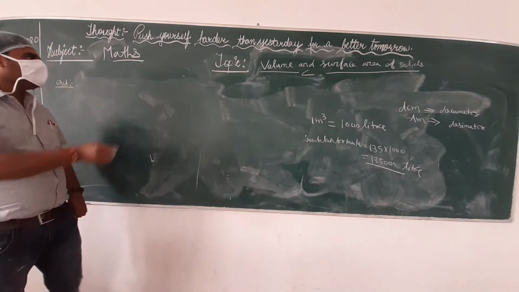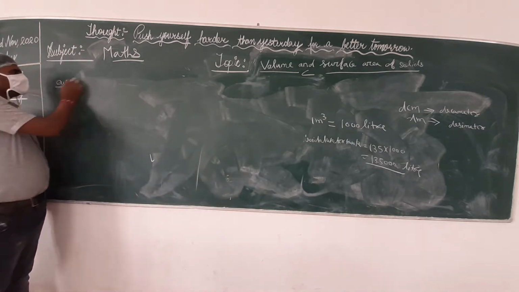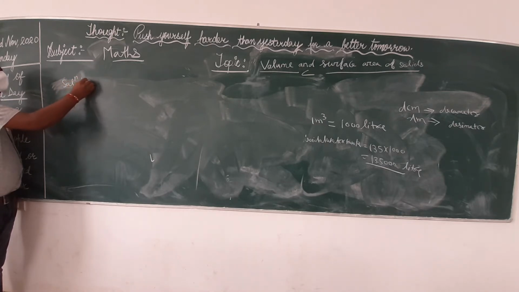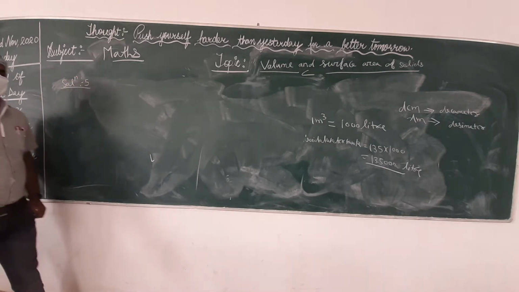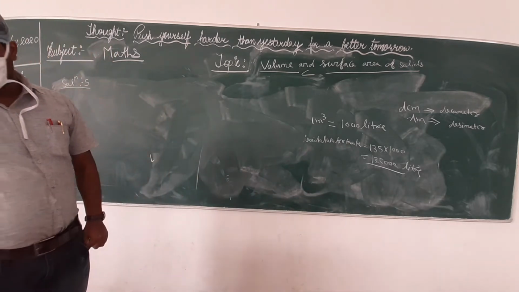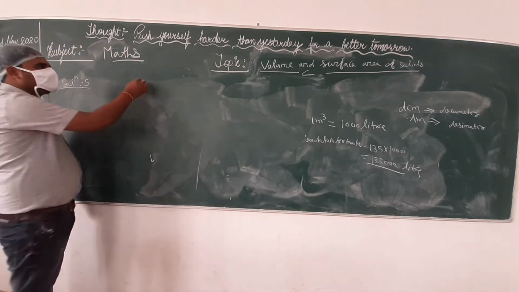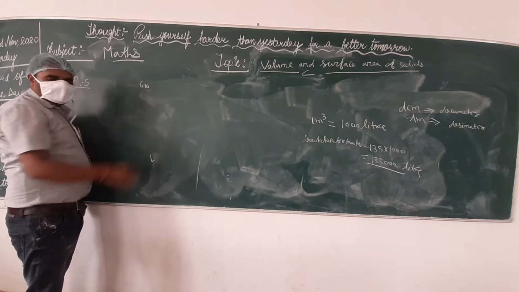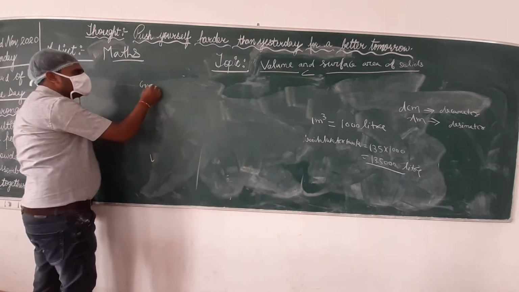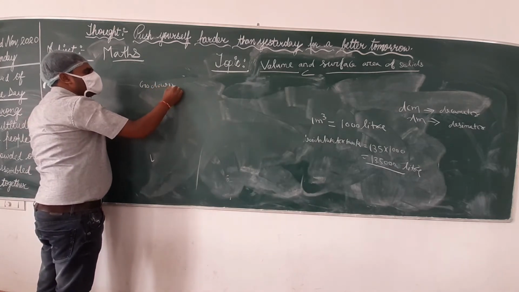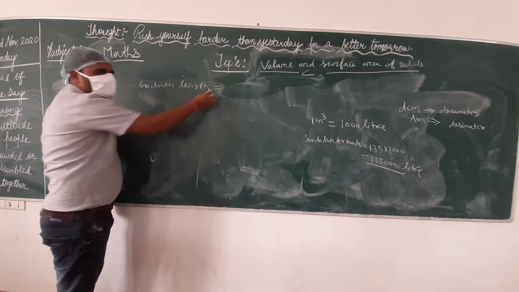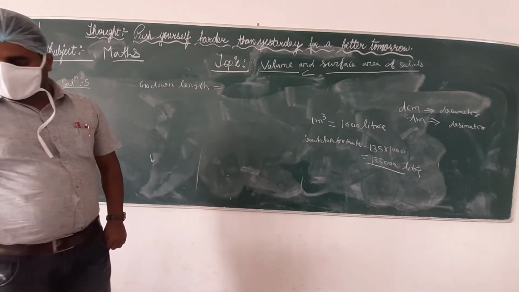Okay. Mention solution 5. Right now, first you mention godown length. Godown length given equal to 40 meter.